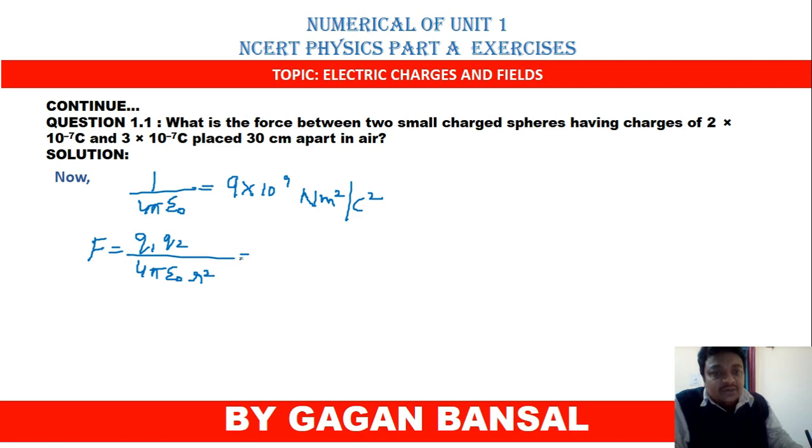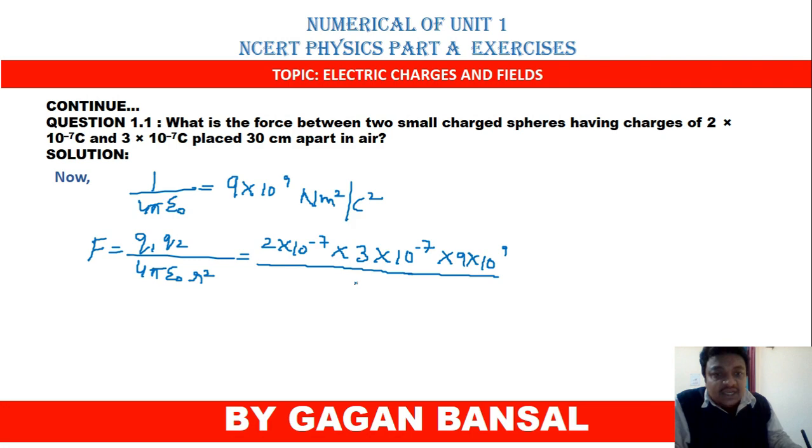So putting all these values, Q1 is 2 into 10 raised to the power minus 7, into Q2, which is 3 into 10 raised to the power minus 7, into 1 upon 4 pi epsilon naught, which is 9 into 10 raised to the power 9, upon r square. Now r is 0.3, whole square.